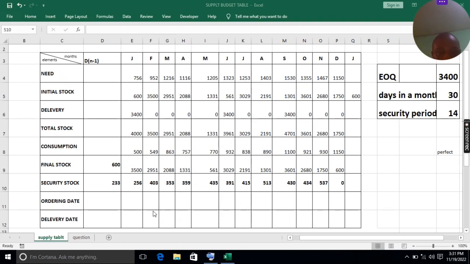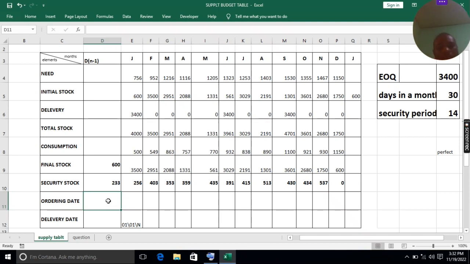Right now we are going to input the ordering date and the delivery date. Our first receipt is here. We are told that delivery is done on the first, so here we say 01/01/N. N is the current year. So when did we order this good?